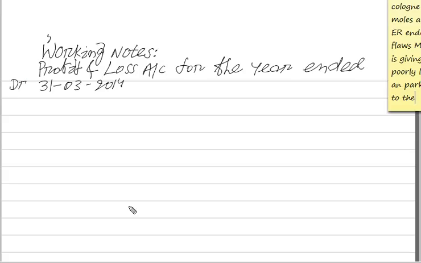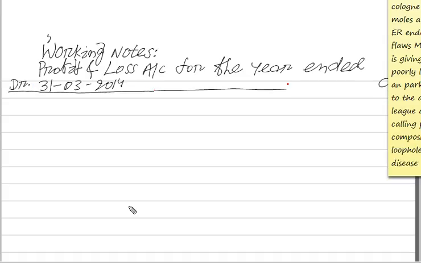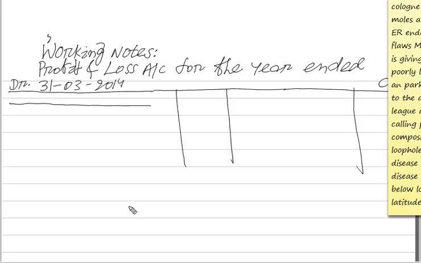This is debit, this is credit. This is your working note to adjust for manager's commission. This is your debit side of the account, particulars, rupees; particulars, rupees. Always practice in this way.